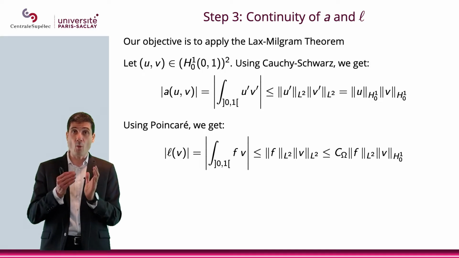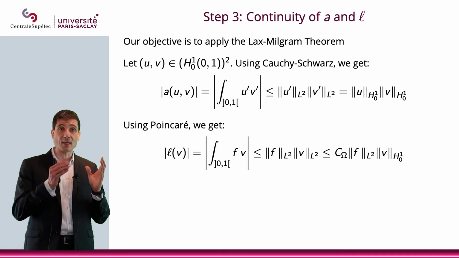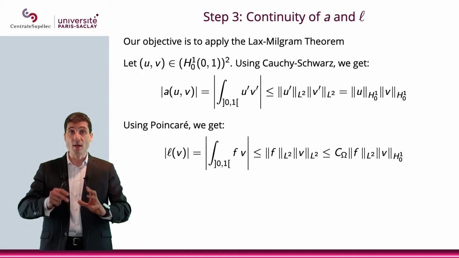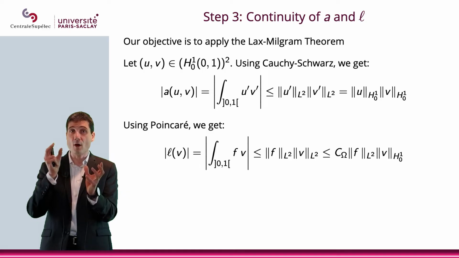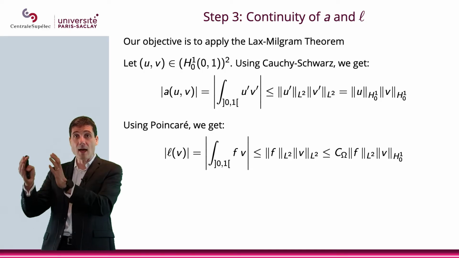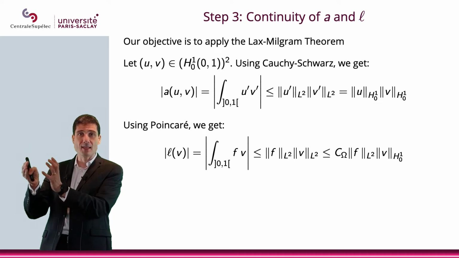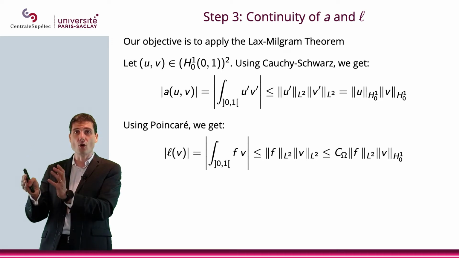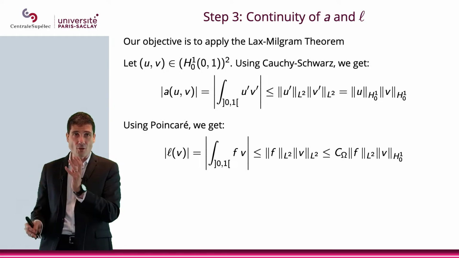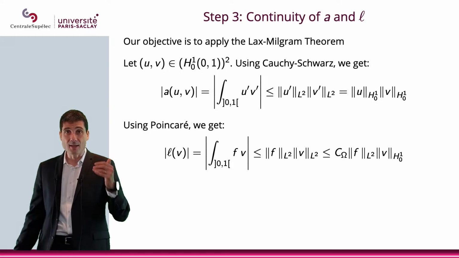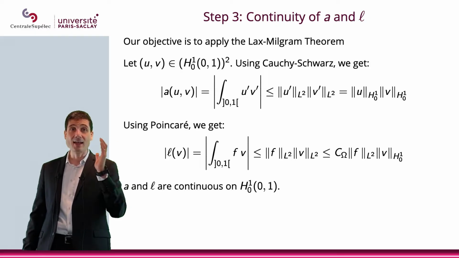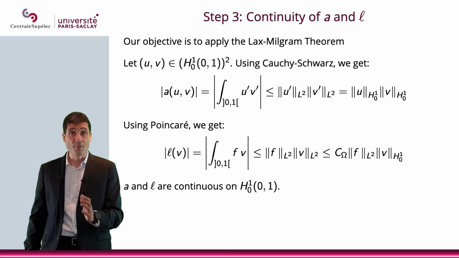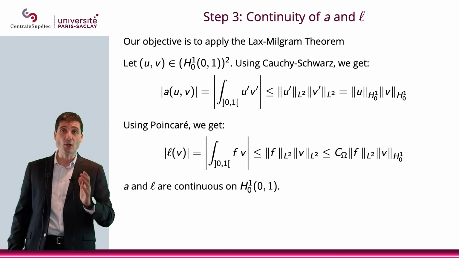What I have here is that the absolute value of L(v) is smaller than a constant, which is C omega times the norm of f in L2, so that's that constant, times the norm of v in the Hilbert space I'm considering, and that is the norm H10 of v. So that tells me that L is continuous. Therefore, what I have is that A and L are continuous for that Hilbert space H10.